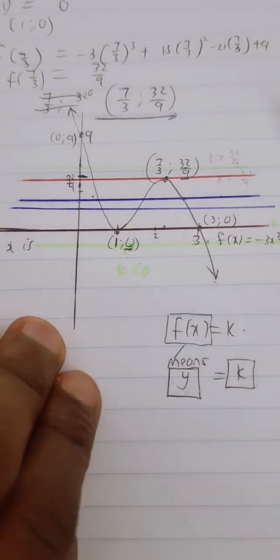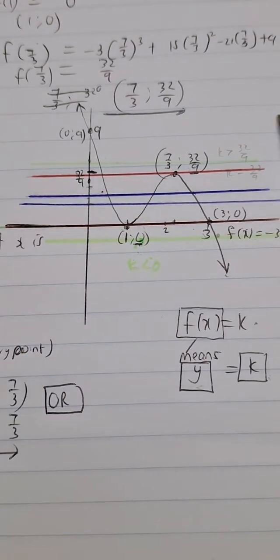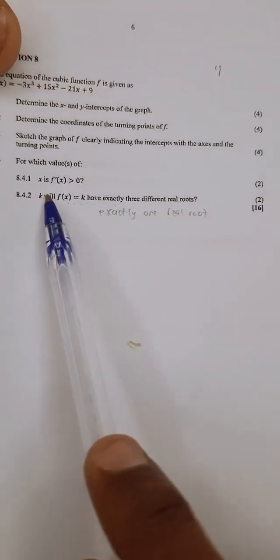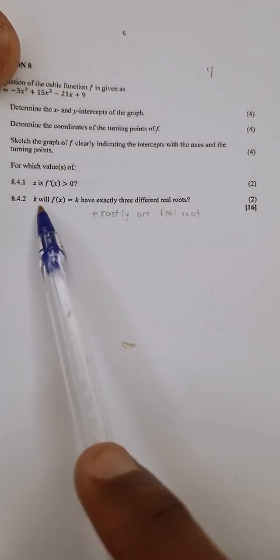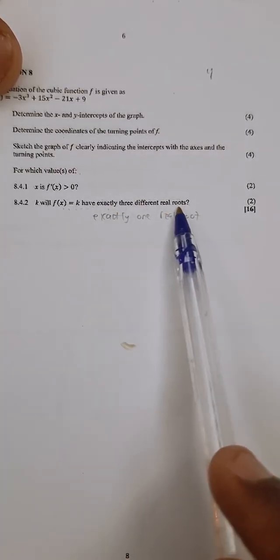Okay. Yeah, so guys, what I'm saying all in all with these questions, you are always comparing with these questions, the k questions, right? For which values of k will f of x equal to k have exactly 3 different real roots?